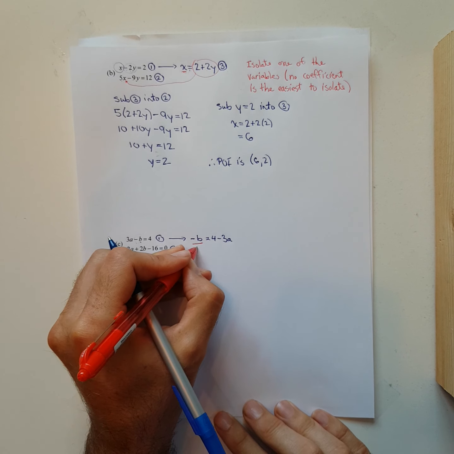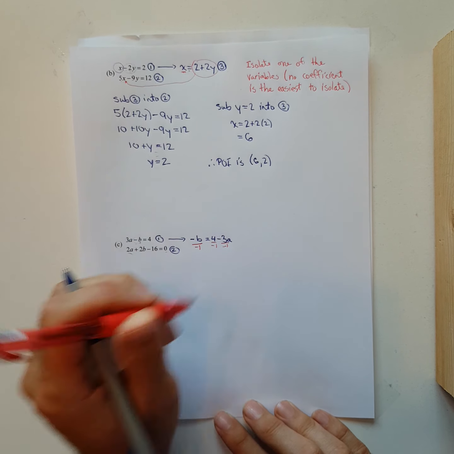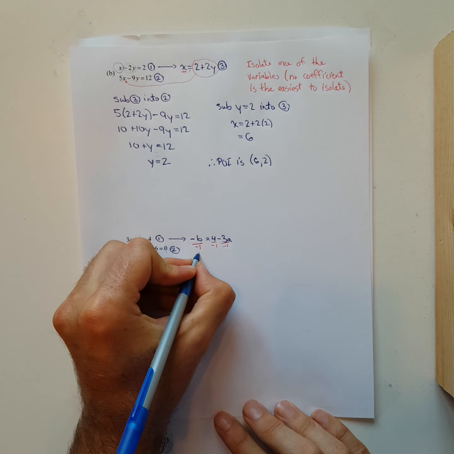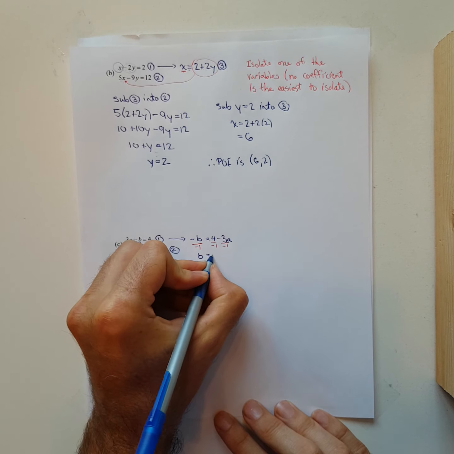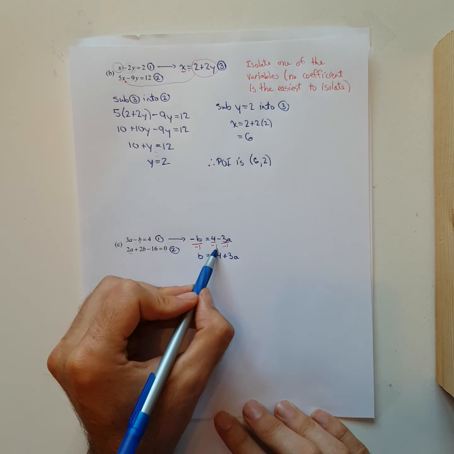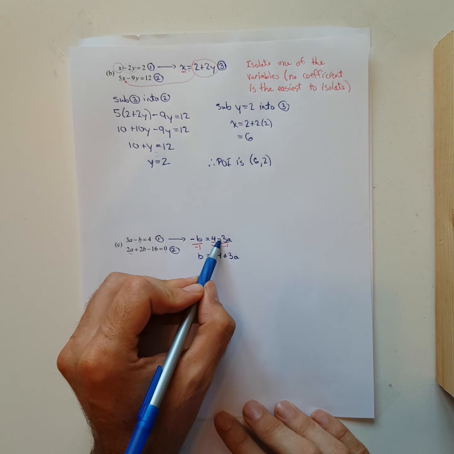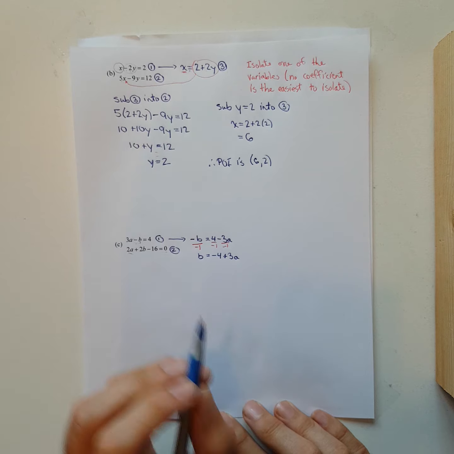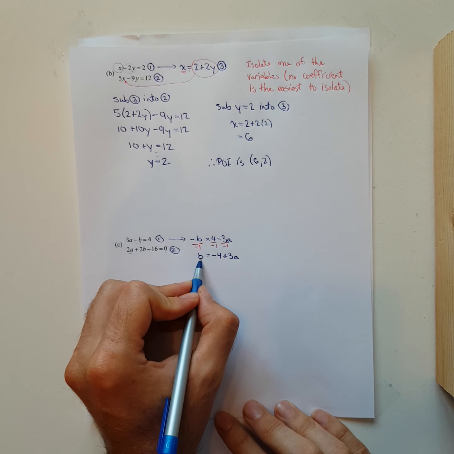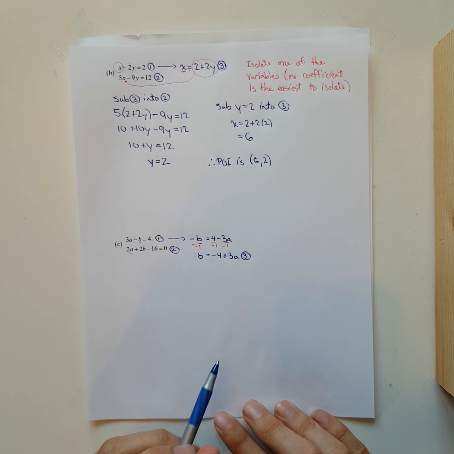We saw this in our last video as well, so I'm going to divide everything by -1. So if I do that, I now have b equals -4 plus 3a. Careful as you divide by that -1, that this becomes -4, -3 divided by -1 becomes +3. I now have my variable isolated, so I'm going to renumber this and say that's equation 3.